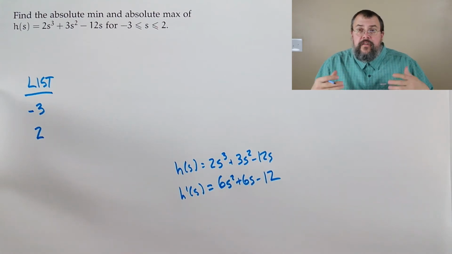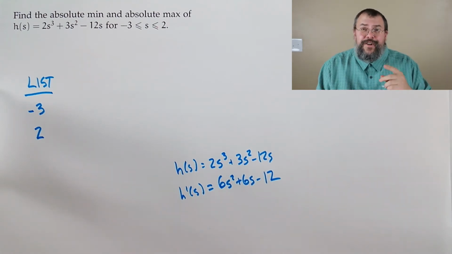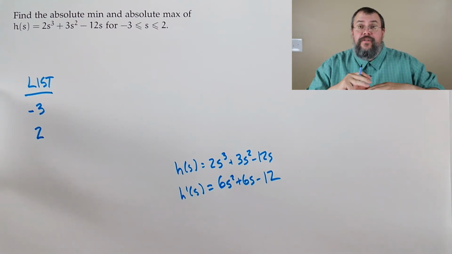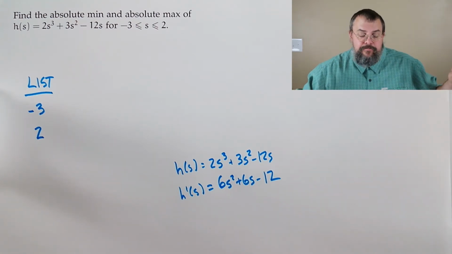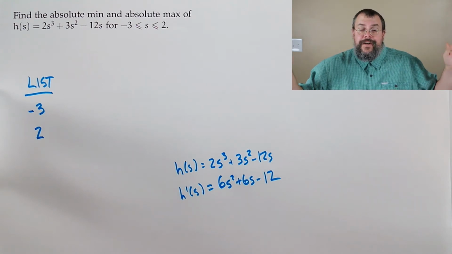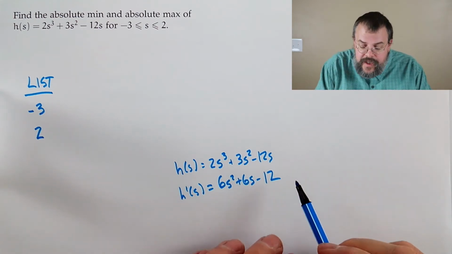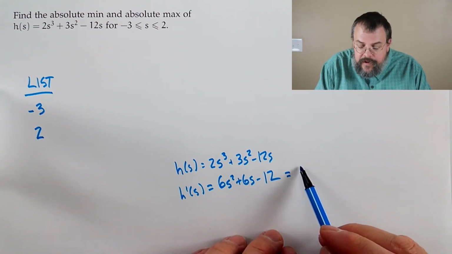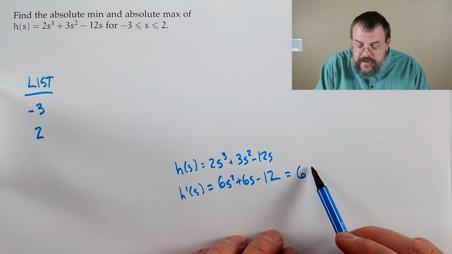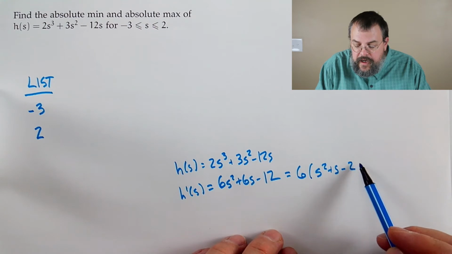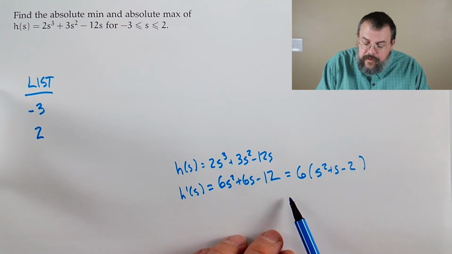All right, no surprise, it's a polynomial. We should be good at taking derivatives of polynomials. We want to understand, is this derivative ever undefined? And the answer is no, it's never undefined. Okay, good. Is it ever 0? Oh, well, that's a good question. So let's try and factor. It's a polynomial. We should try and factor 6, then s squared plus s minus 2. And that looks like it could factor.